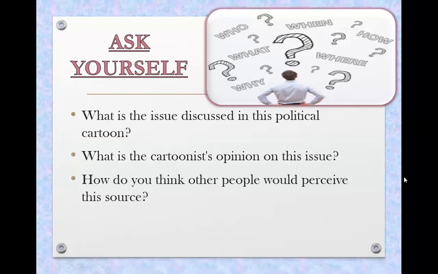Okay, the next point. What is the cartoonist's opinion on this issue? Either that person is supporting, or that person is against that particular event. We need to think thoroughly and decide while looking at the picture in more detail, right? Then how do you think other people would perceive the source? Remember when we were discussing the picture sources in class, everybody had a different perspective on that particular picture.